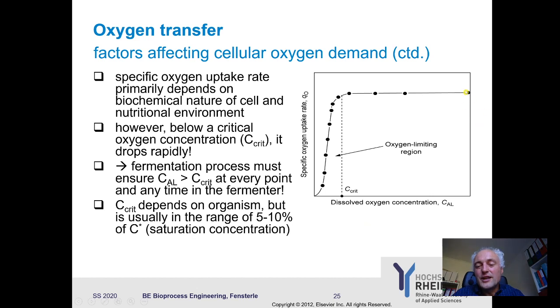The higher you are there, the farther away you are from this critical concentration, but the higher you are at the saturation concentration, the lower is your driving force for the transfer from your gas phase into the liquid phase. So in reality, you will be somewhere here, but you need to be sure that you're higher than this value. And this is what you regulate in a bioreactor, what you will also see in the simulation in the lab course.